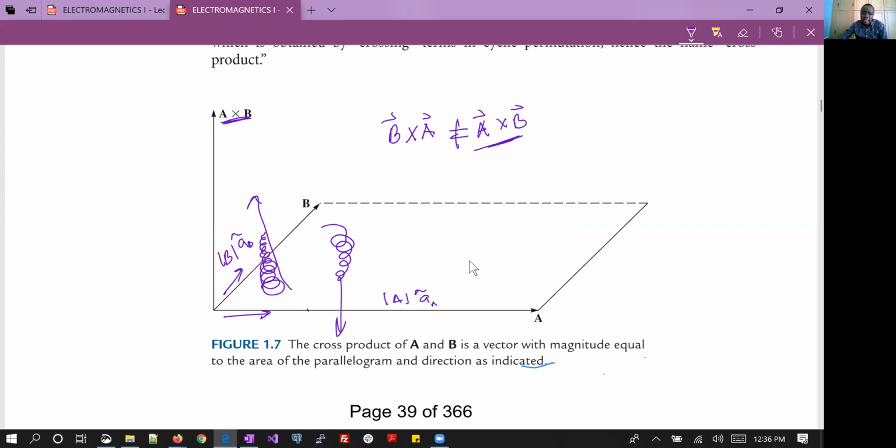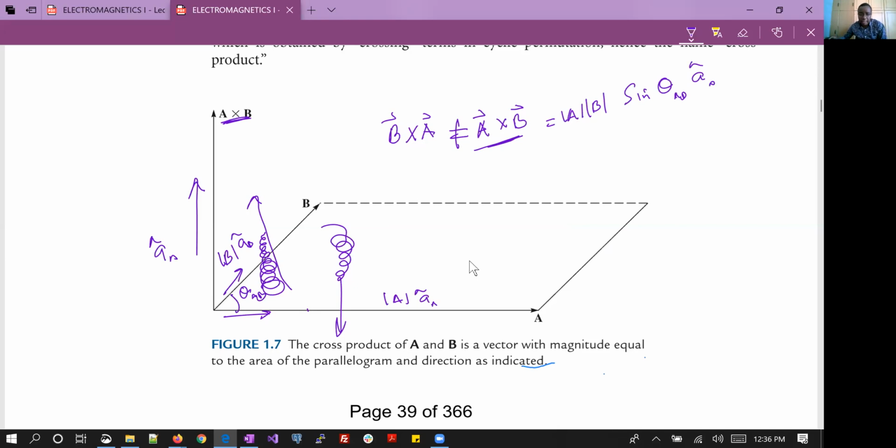I wanted to say that B cross A is not equal to A cross B. So this is what I meant there. So I'm saying that A cross B is equal to the magnitude of A, the magnitude of B, then the sine of the angle between them, which is theta AB. So you say sine of theta AB, and then the direction of the arrow that you have determined to be aN, you put it there because this now becomes a vector.